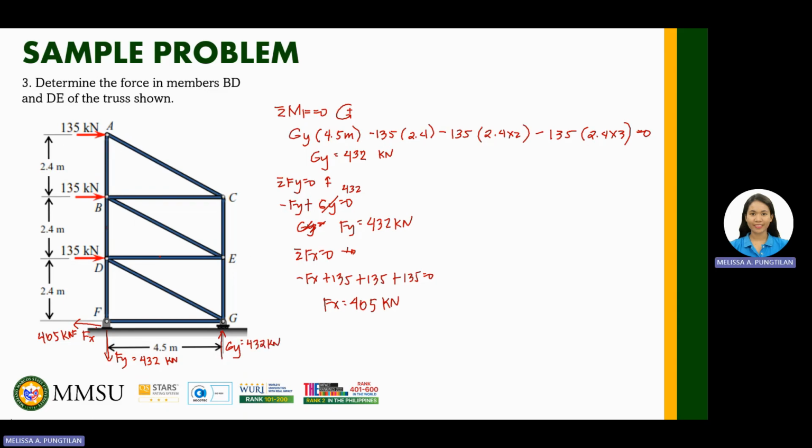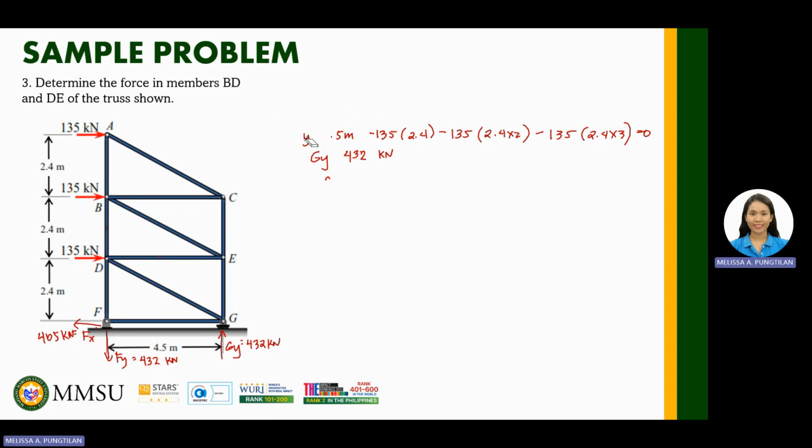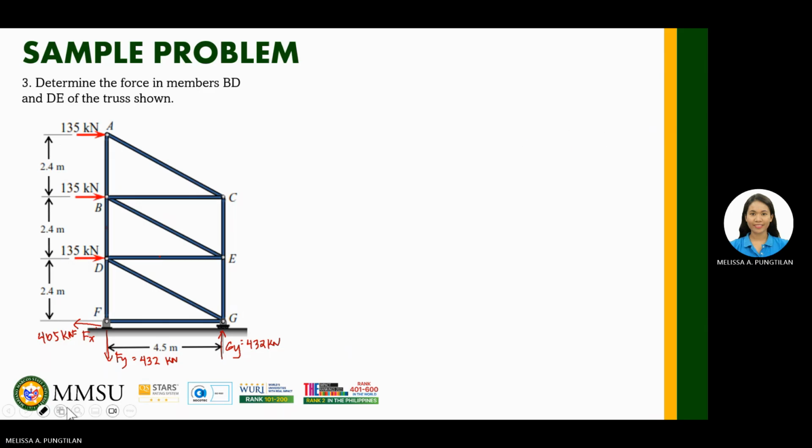Okay. So next procedure is to have the cutting line or the cutting plane and make sure that yung cutting plane ulit natin will pass on the members of interest and preferably 3 members yung dadaanan ng ating cutting line. Okay. So, BD and DE yung member of interest.